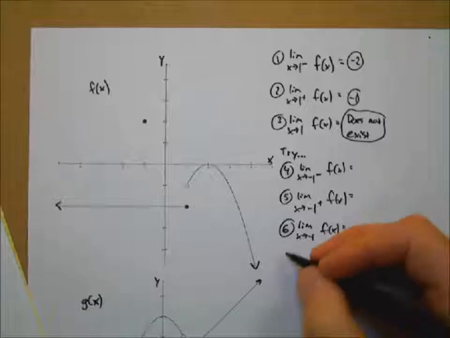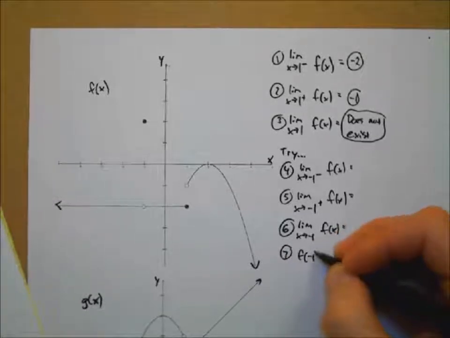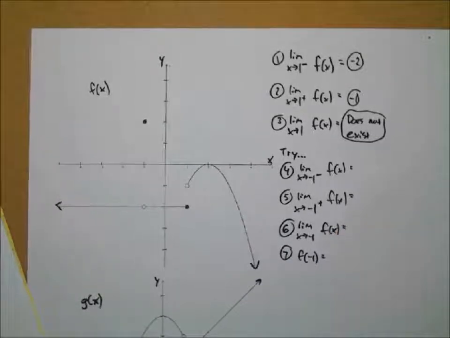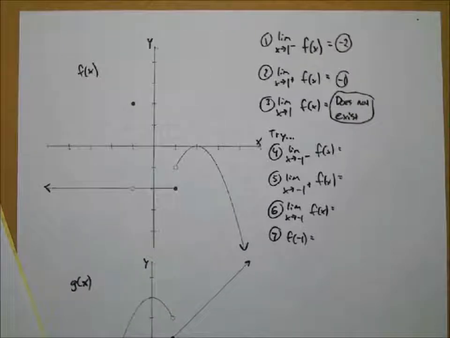And also f of -1, please. So you've got 4 things there to try. And then we'll do 3 other little questions, and then we'll be done. But just a little bit more. Not much more.